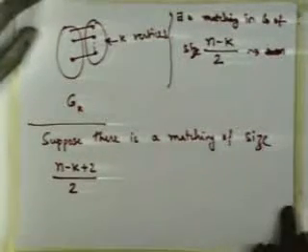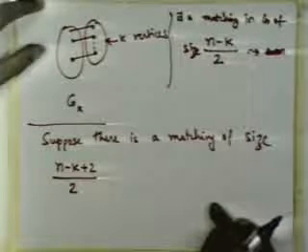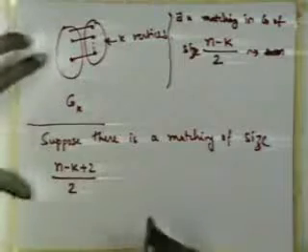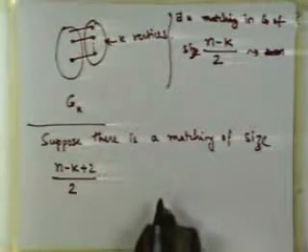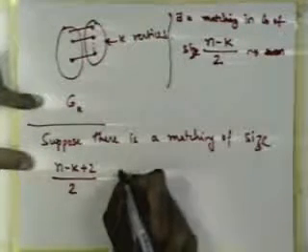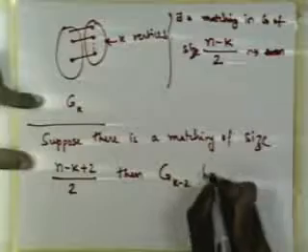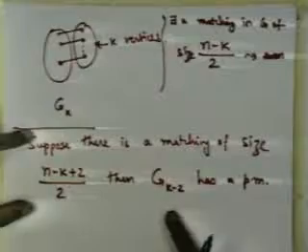Then the claim is that G of k minus 2 has a perfect matching. So this will be a contradiction. We'll see this.